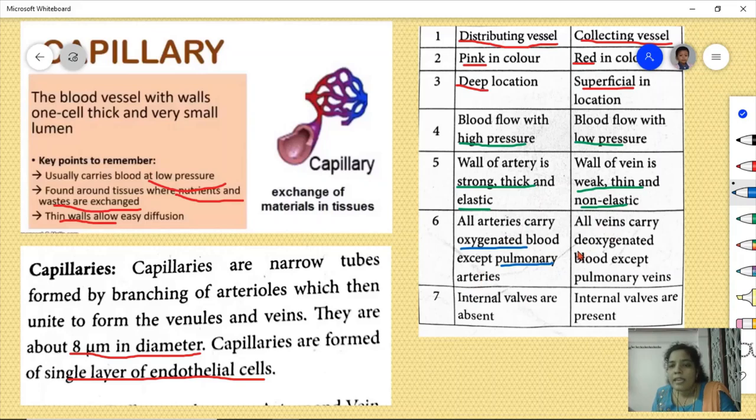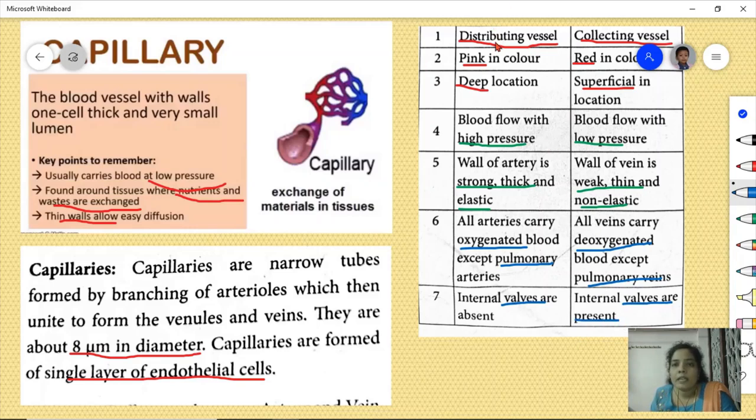Veins carry deoxygenated blood, but the pulmonary veins carry oxygenated blood, just opposite. Then the seventh point is that internal valves are absent in arteries, but present in veins. So these are the differences between arteries and veins.